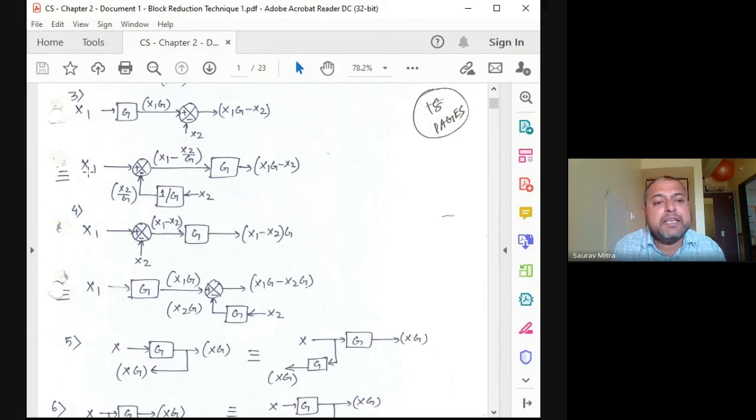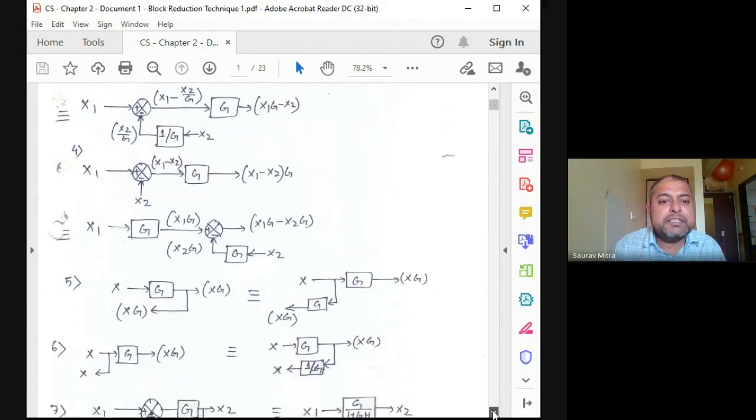So now what you are finding here is x1 is coming, minus x2 by g, because now this x2 will get multiplied with g. So x1 minus x2 by g, and this overall total thing is getting multiplied with g. That means it is becoming x1g minus x2, because this g and this g get cancelled. So what we are finding is x1g minus x2. So this is the same as the top one.